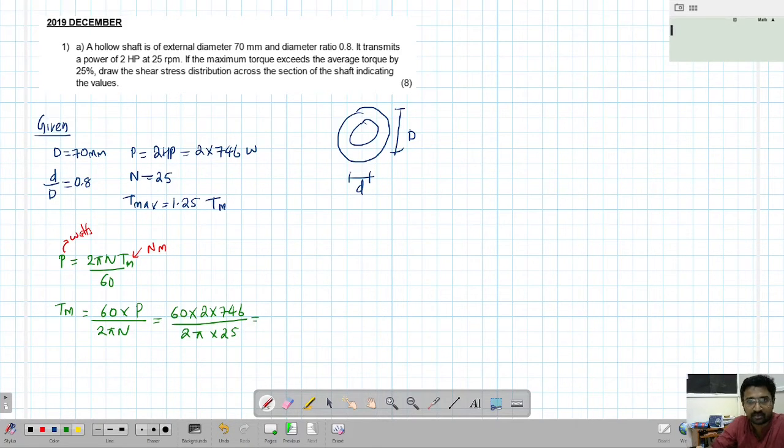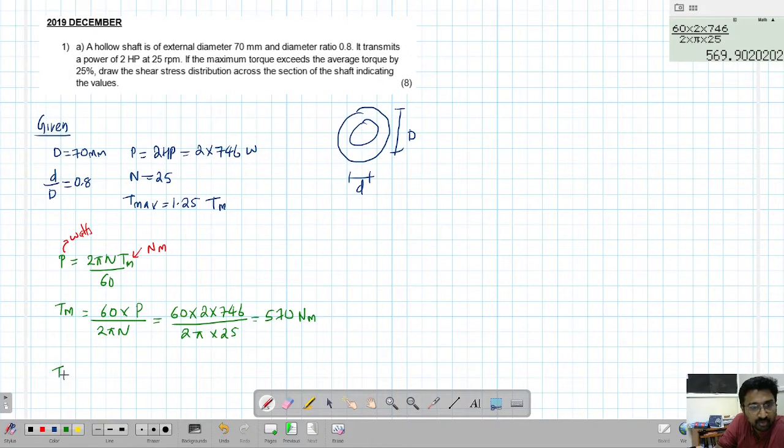We'll just calculate this very fast: 60 times 2 times 746 divided by 2 times pi times 25. This comes out to be 569.9, so we can write 570 Newton meter. This is the mean torque.